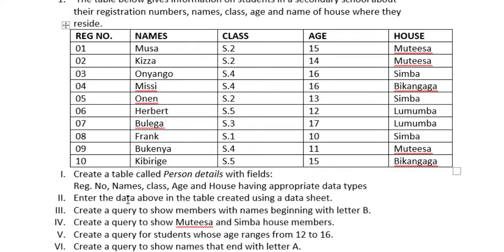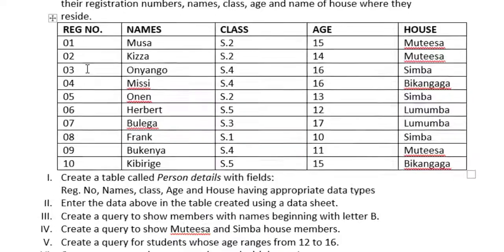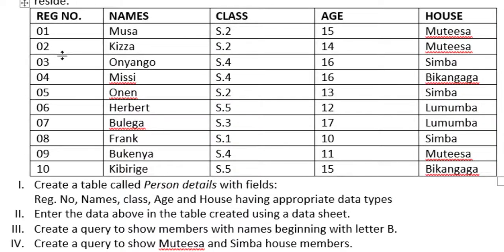Now for Roman numeral 1, we shall create this table with appropriate data types. Just a reminder, when you look at this registration number, you can use auto number as a data type, or you can even go ahead and use number because they are numbers. You look at them as integers.